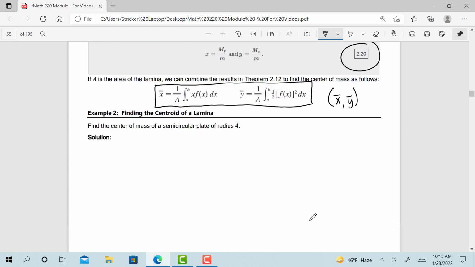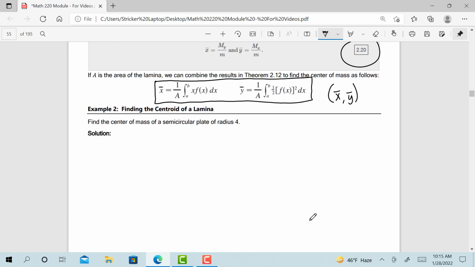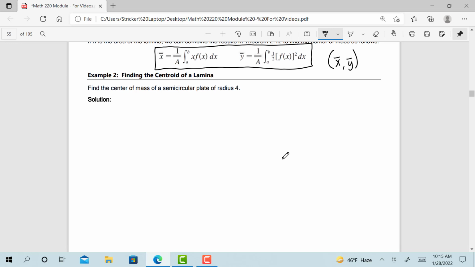So let's take a look at example 2. It says find the center of mass of a semicircular plate of radius 4. And so the first thing we want to do is graph a picture of what that's going to look like. We weren't super specific about this, so let's assume, knowing a semicircular plate is half of a circle, that the plate is above the x-axis and it's radius 4.